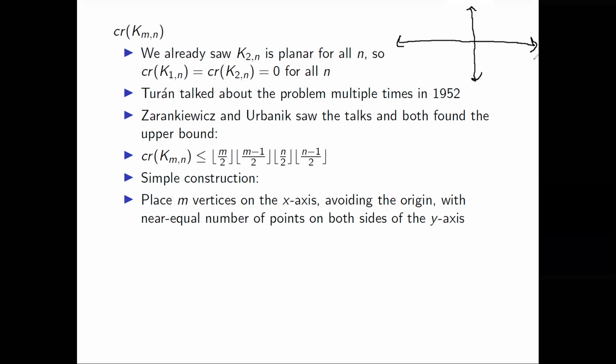So we have the x-axis, we have the y-axis, and I have m vertices I need to place on the x-axis. So I place some number of them over here and some number of them over here. So approximately m over 2 over here and approximately m over 2 over here.